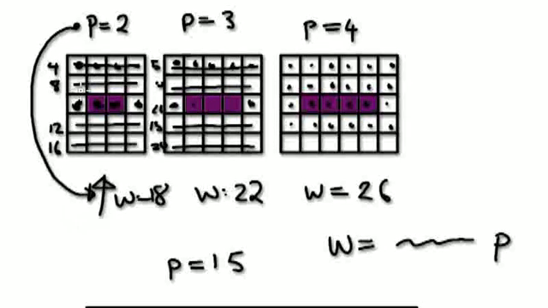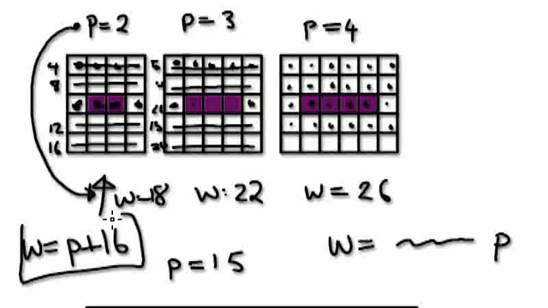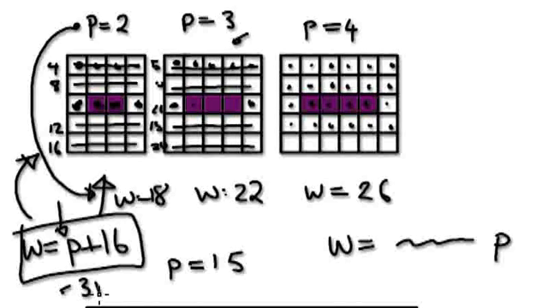You could say W equals P, which in this case is 2, and then just add 16. So you could say that this is a formula, but it would only work for this case. When it comes to P equals 3, it's not just a matter of getting P and adding 16, because 3 plus 16 gives W as 19.